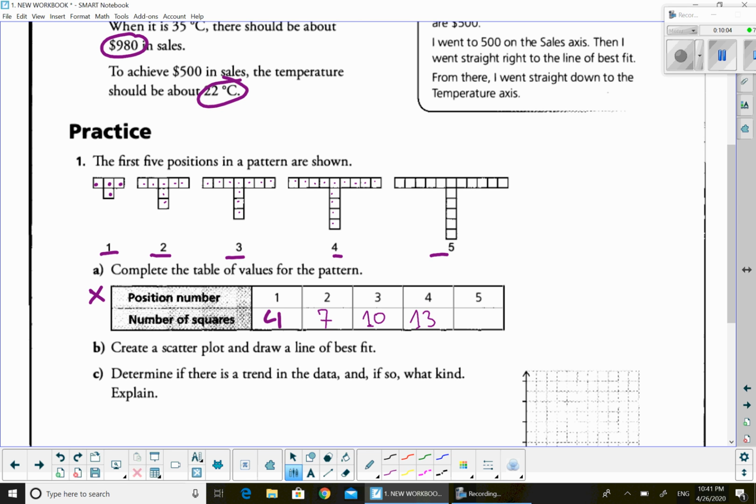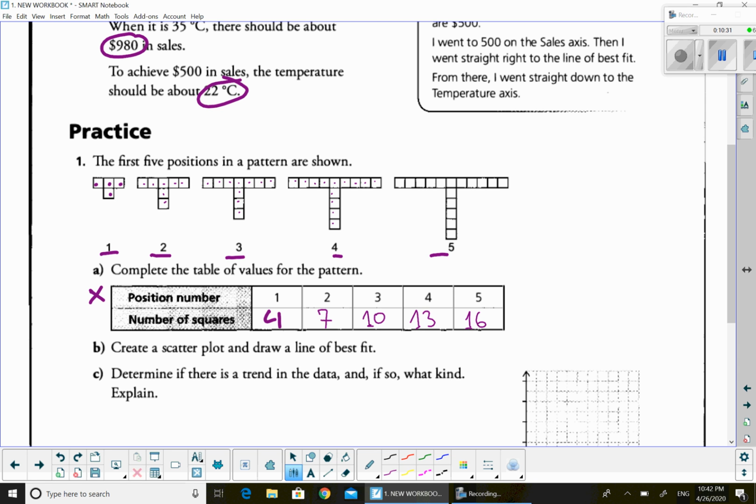predict what the fifth position is going to have. How many squares is it going to have? You might see some kind of a pattern happening here. If you look at the first one, it's 4, next one, 7, 10, 13. Hopefully, you paused the video, and I'm just going to continue talking. You can unpause me. It looks like it's increasing by 3 squares for every position. So that means the next one should be 16.